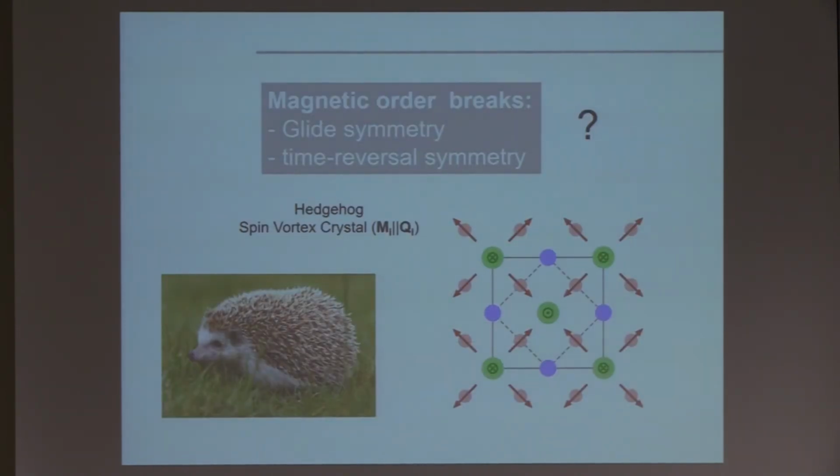And in my last two transparencies, let me now go to this new state that theoretically, as I was showing you, if I break the glide symmetry and time reversal symmetry, I should be able to realize a planar hedgehog type of order.